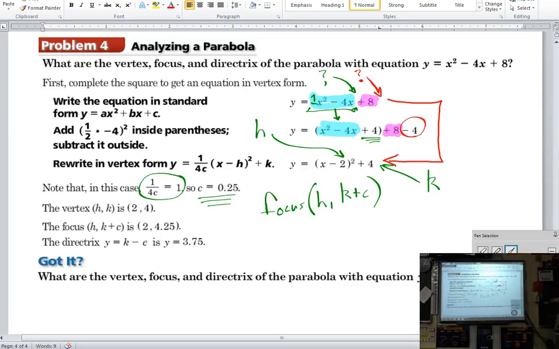Well, we found our c value because we knew our coefficient was 1. So we set that equal to 1 over 4c, and c has to be 0.25. So then I plug in h is just 2, because in your function, it's x minus h. So since it's x minus 2, that actually shifted me 2 to the right. My k was 4, my c is 0.25.